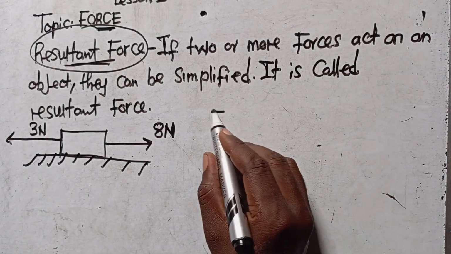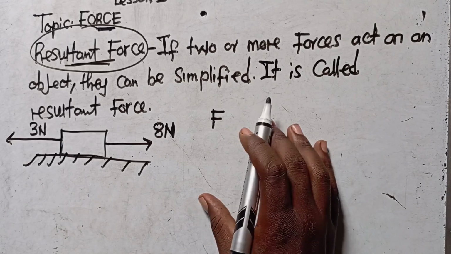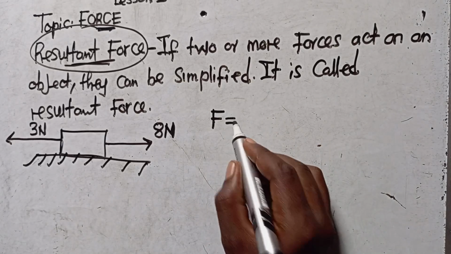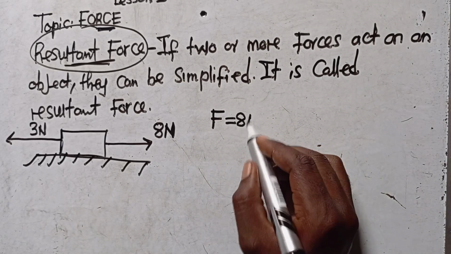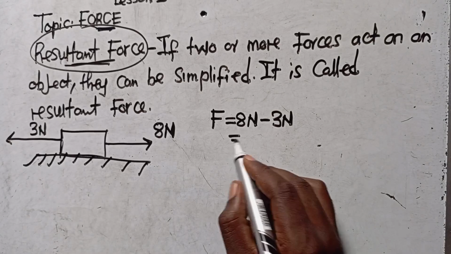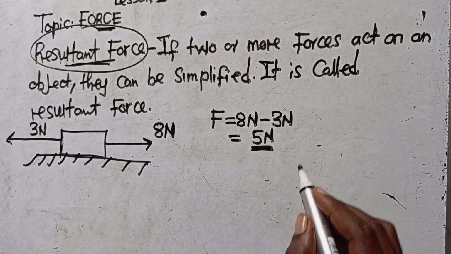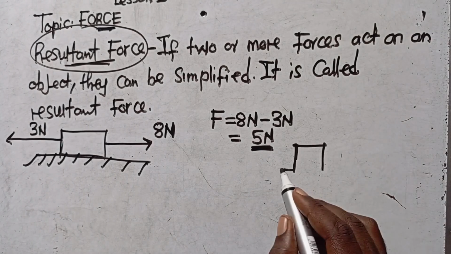So to calculate the resultant force, I'll say it is equal to 8 newtons minus 3 newtons, which is equal to 5 newtons. So the object now will be like this.